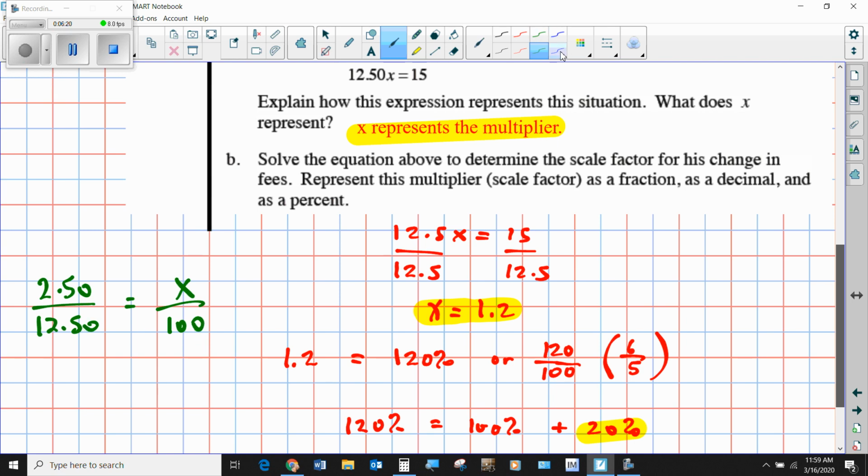Well, you may choose to do cross multiplication here because you see decimals there, and finding a giant 1 might look complicated, but actually it's not. $12.50 times 8 gives you 100. So we'll multiply $2.50 times 8, and that ends up being 20. So if x is equal to 20, then this represents 20%. And since the cost went up, that would be a 20% increase for this situation.